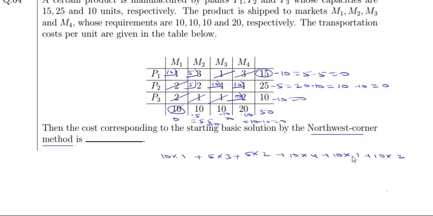So we find the total: 10 plus 15 plus 10 plus 40 plus 10 plus 20. The answer will be 10, 25, 35, 75, 85 and it is 105. So the answer is 105.